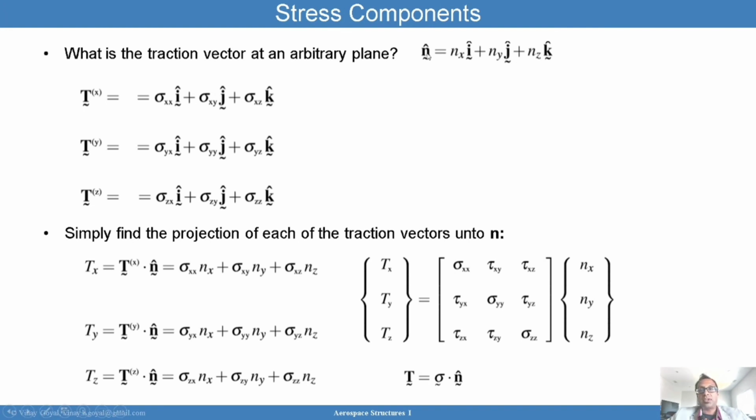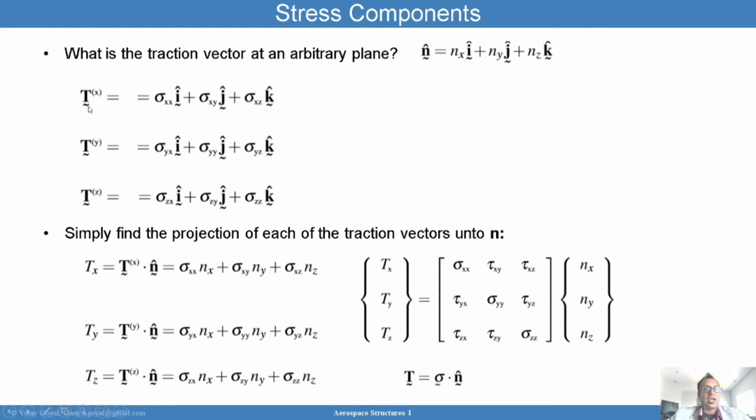This plane has a normal which is defined by nx i hat plus ny j hat plus nz k hat. And the goal then is to determine what is the traction on that plane at that particular material point.